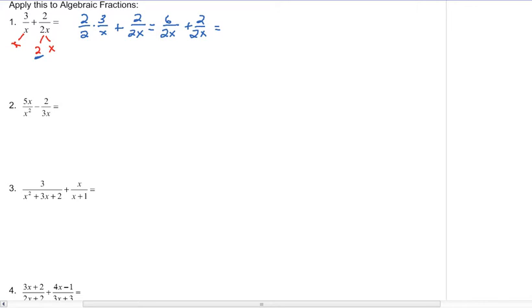Now that the denominators are both the same, they're both 2x, just add the tops together. So you'll have 6 plus 2 over 2x. 6 plus 2 is just 8 over 2x. Now that's your final answer.